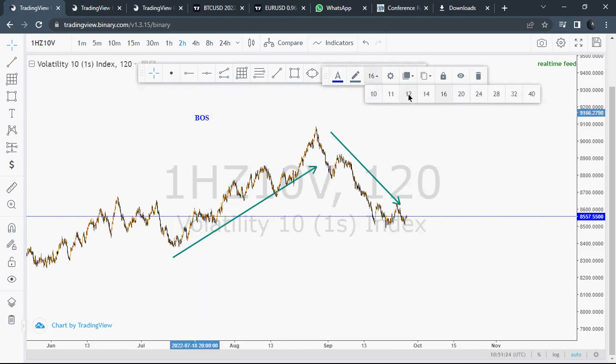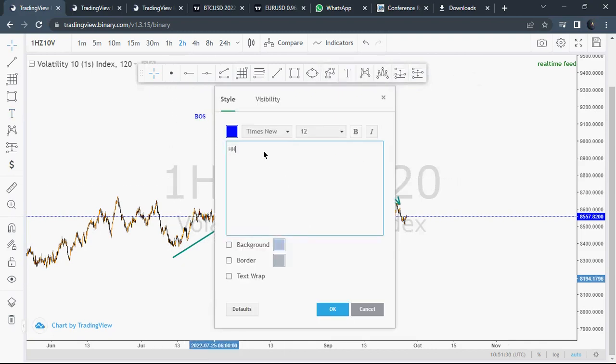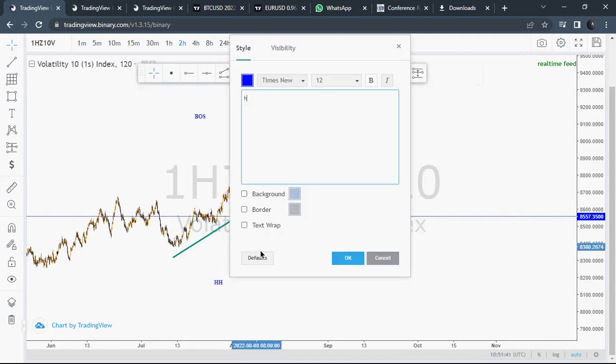These are the three things to be identifying in this market quickly, so that we'll be able to identify it ourselves and understand what the market is always doing. This will be a higher low.